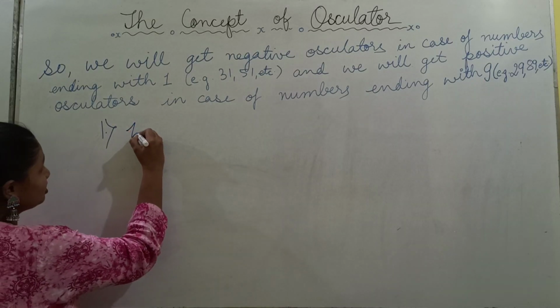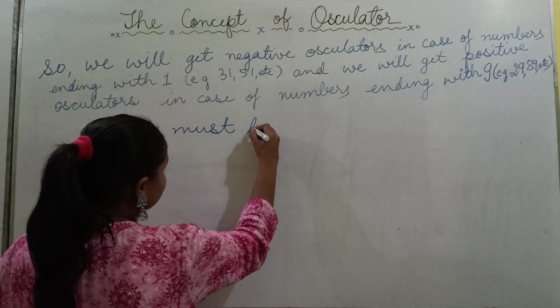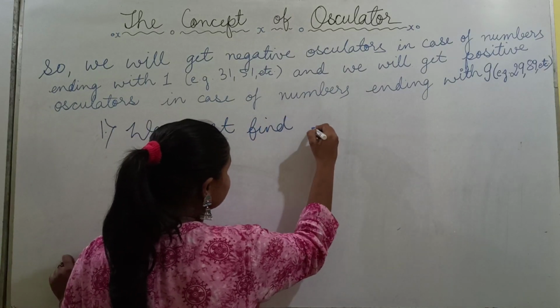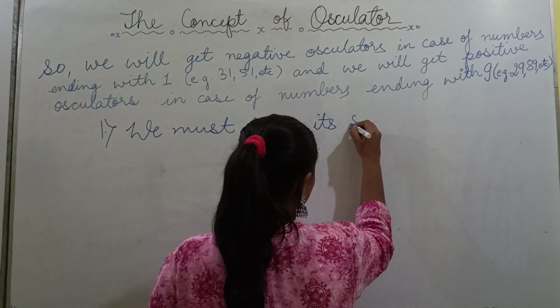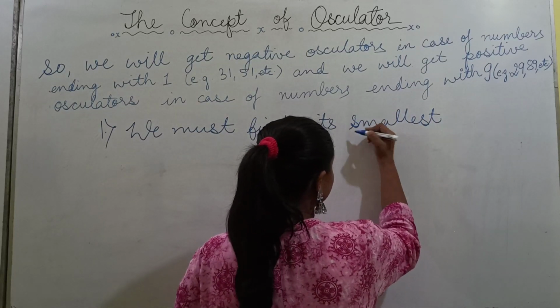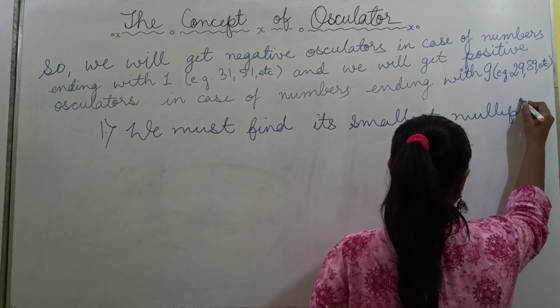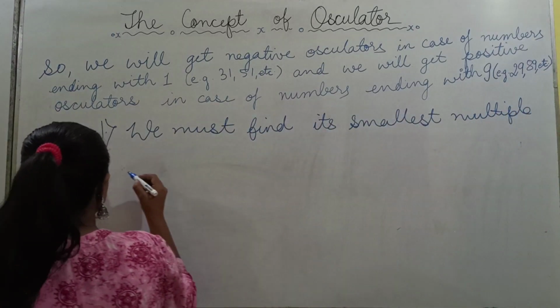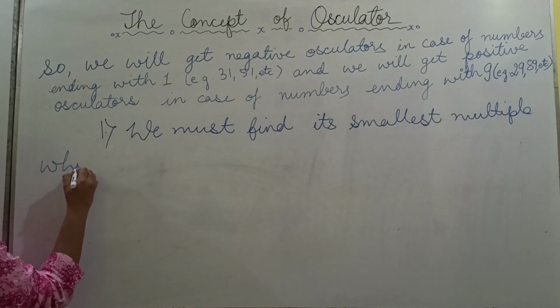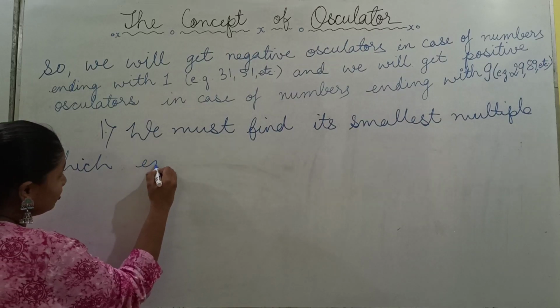Firstly, we must find its smallest multiple which ends with 9 or 1.